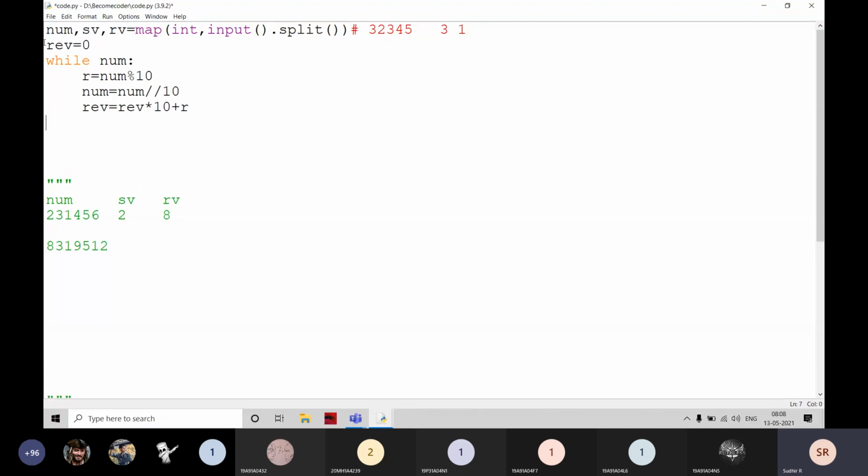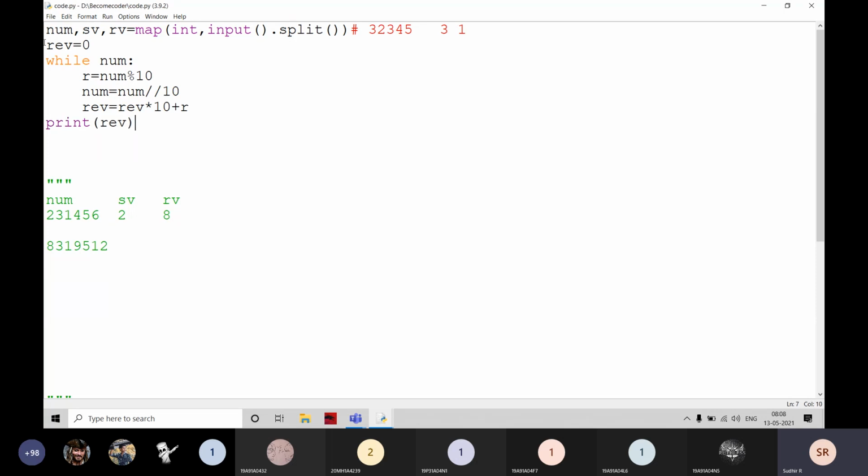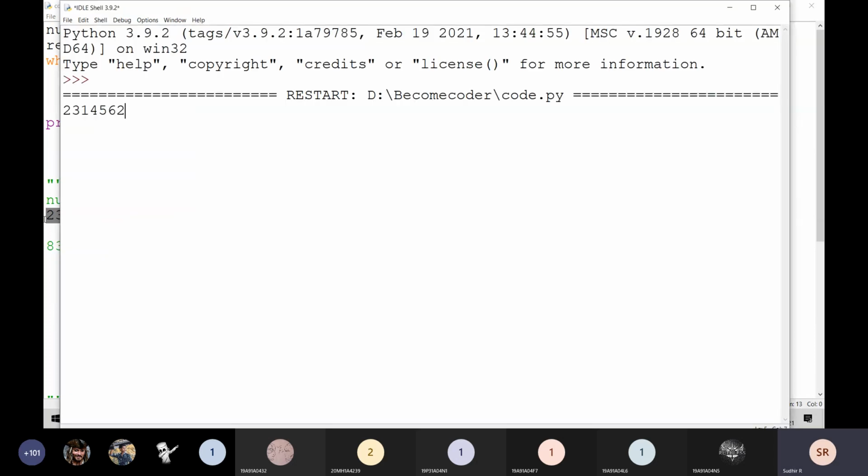That's it. Now if I check here, what is the rev value? If this is the input, 2, 2 and 8, yes, the number is going to be in reverse order.